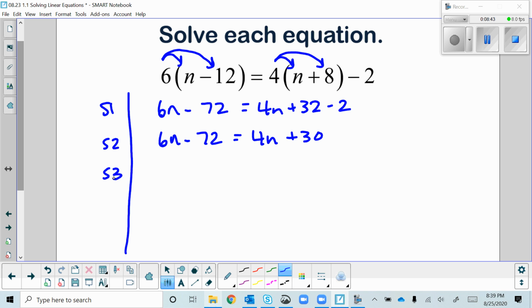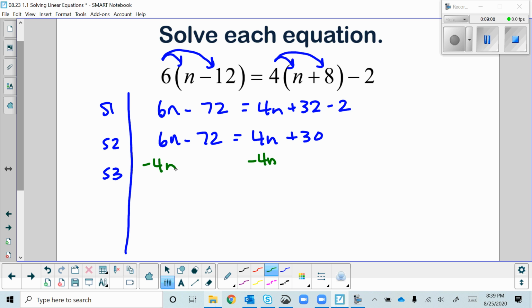Step 3, move the variables to one side and the constants to the other. And it doesn't matter, again, you can put the n's on the right or the n's on the left, whichever. I'm going to move the n's, the variables, from the right to the left. So that means moving 4n over by doing the opposite, which is subtracting.